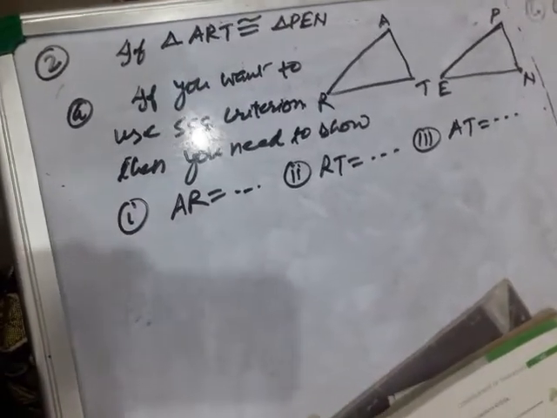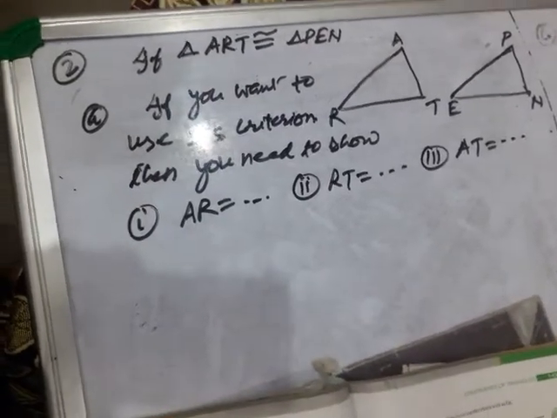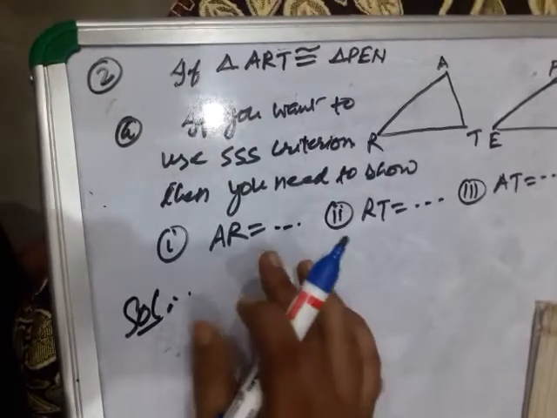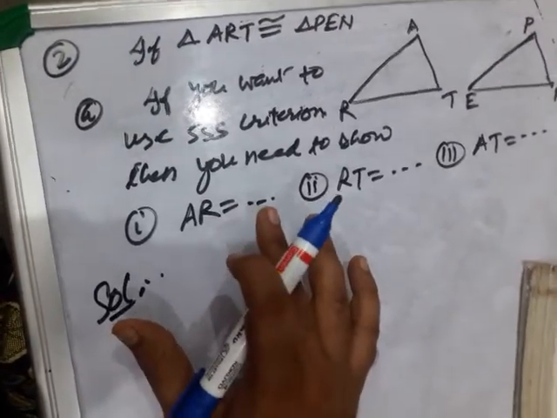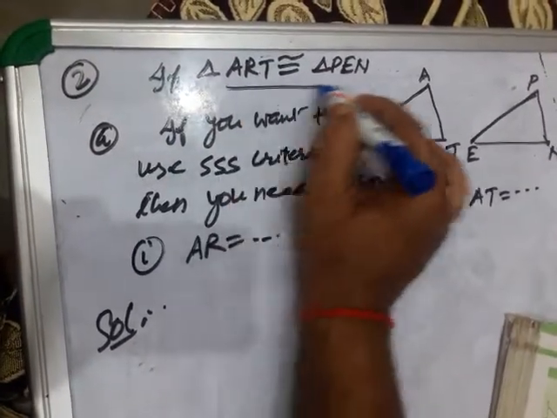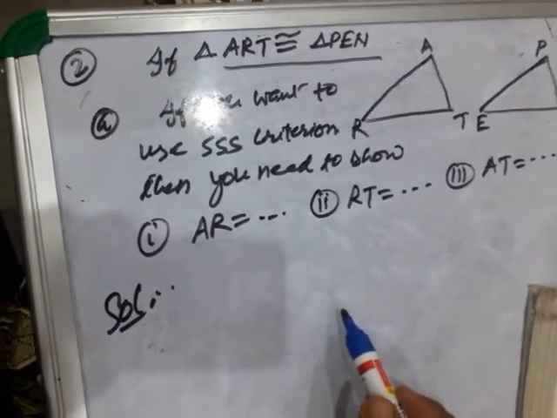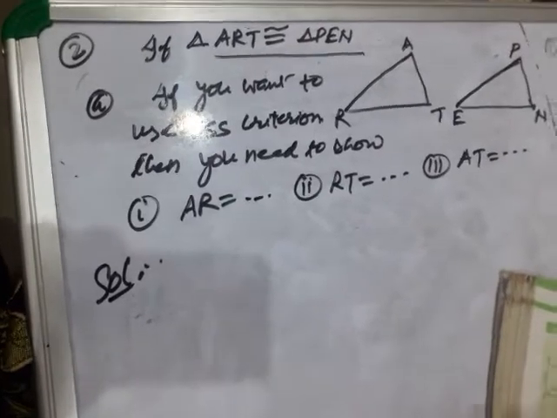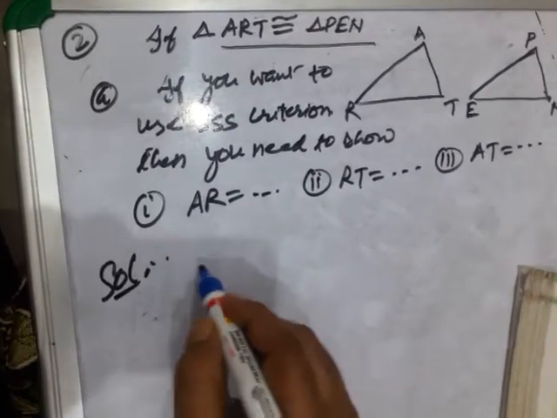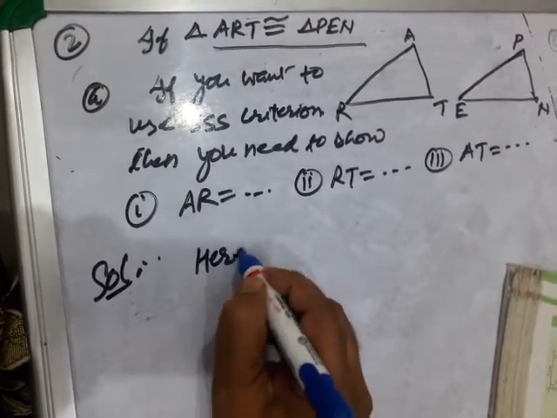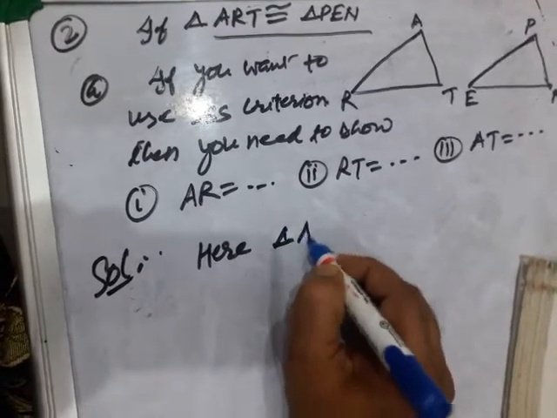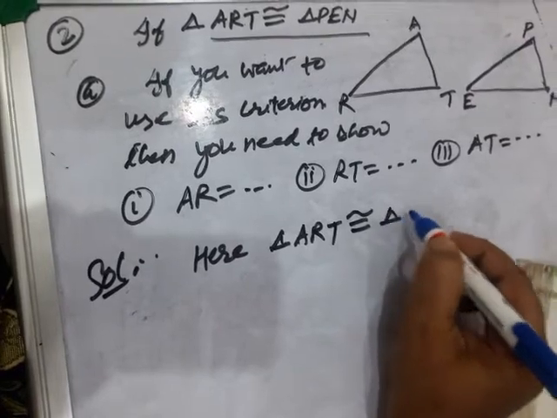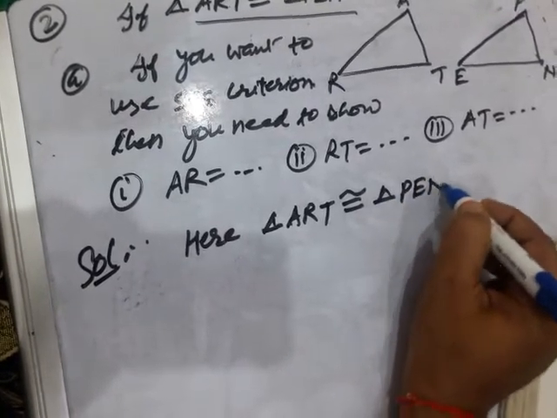See children, let us see the solution. If you want to use the triple S criterion, it is given that triangle ART is congruent to triangle PEN.